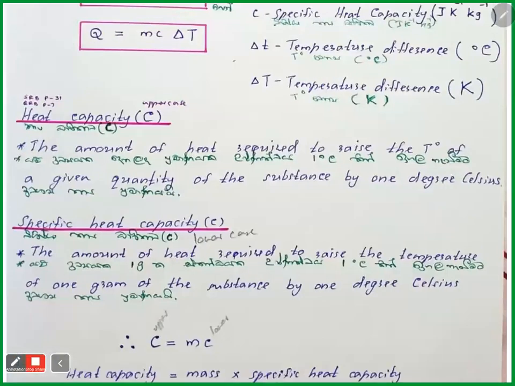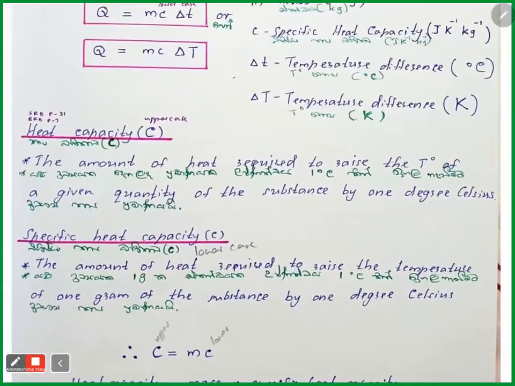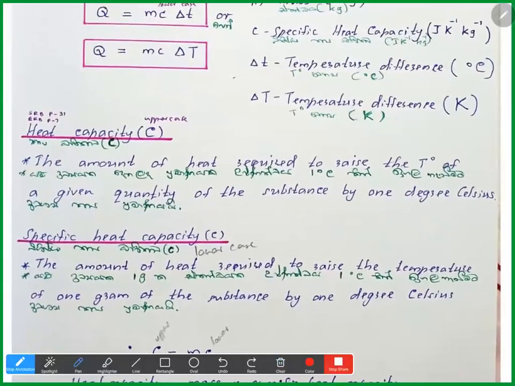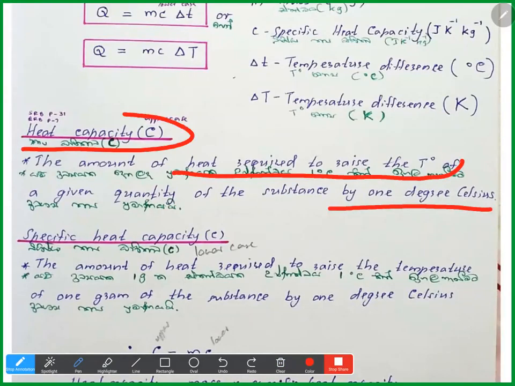So what is the heat capacity? In heat capacity, we are increasing the temperature by 1 degree Celsius. How much heat is required for that? We are not talking about the quantity. Whatever the quantity, whatever heat is required to raise the temperature by 1 degree Celsius, that is the heat capacity.